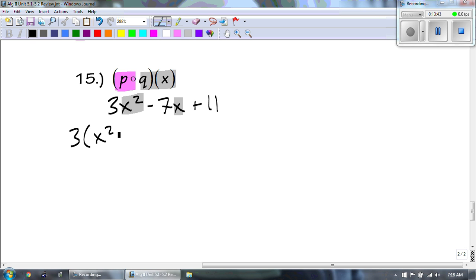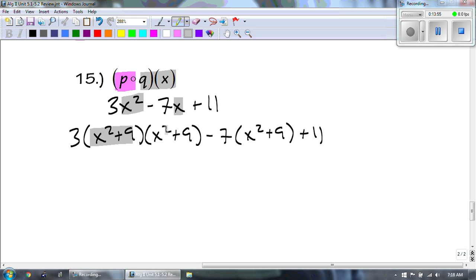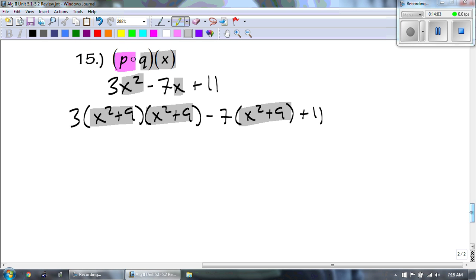So we have x squared plus 9, x squared plus 9, minus 7, x squared plus 9, plus 11. And you can see 1, 2, 3. Okay? And we're going to do the same exact thing as we did on the other side. Just don't be scared because of the x squared. Okay? You guys can do this. Go ahead and pause the video, and good luck.